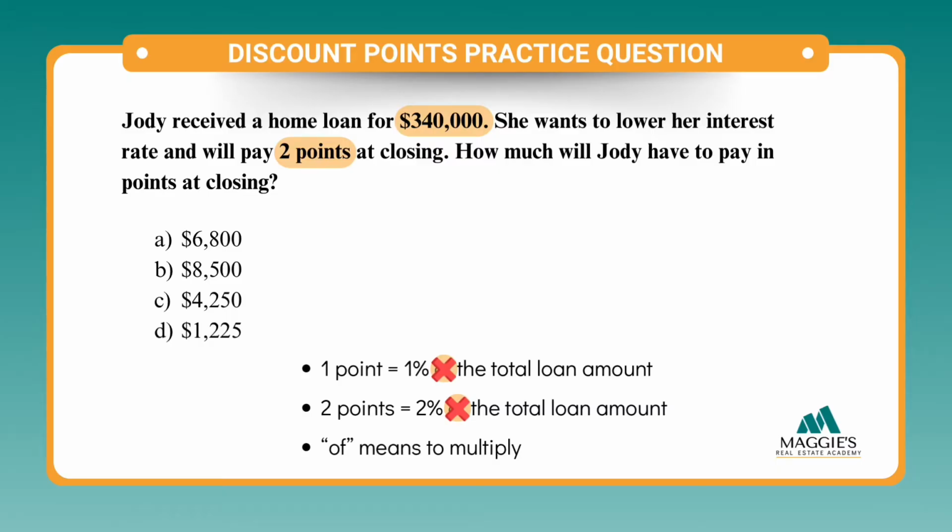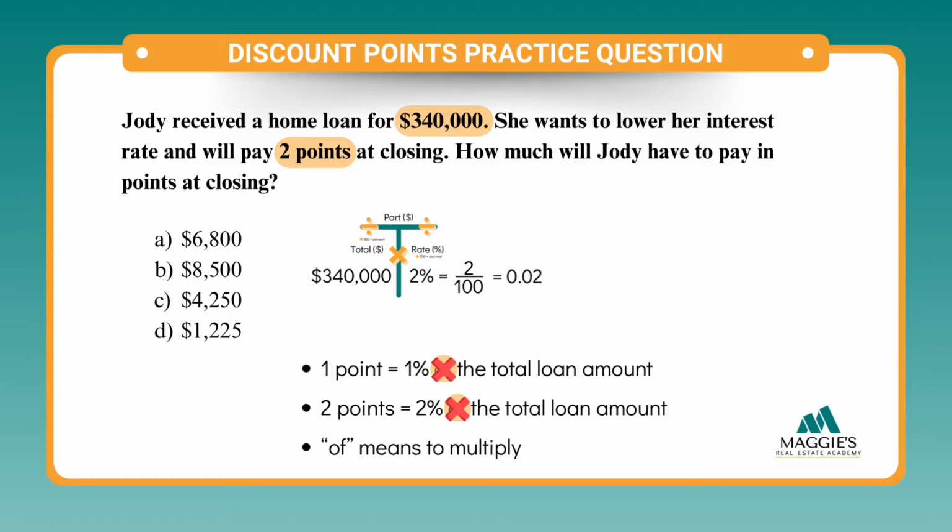Of course, we can also use the T chart, where we'll just place the loan amount in the total column here and the 2% in the rate column over here. Then we convert the 2% into a decimal by dividing by 100, and you get 0.02.